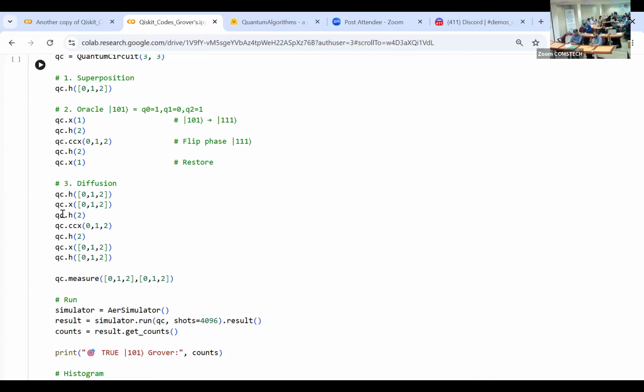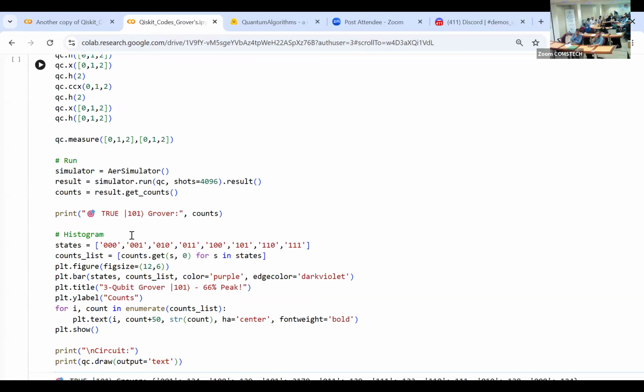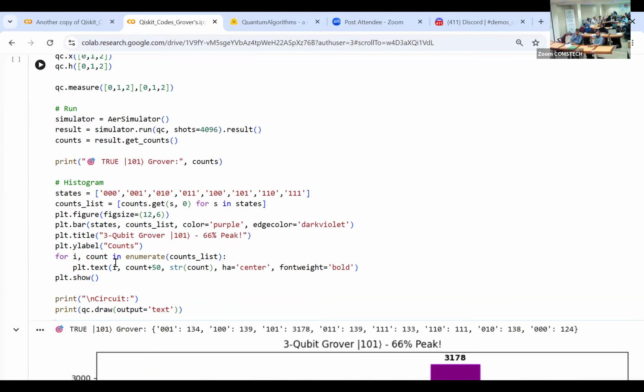And then we are going to run the whole circuit on the Aer simulator, which is a quantum simulator. And after that, we are going to plot it using the histogram command, which is very well known from Python.